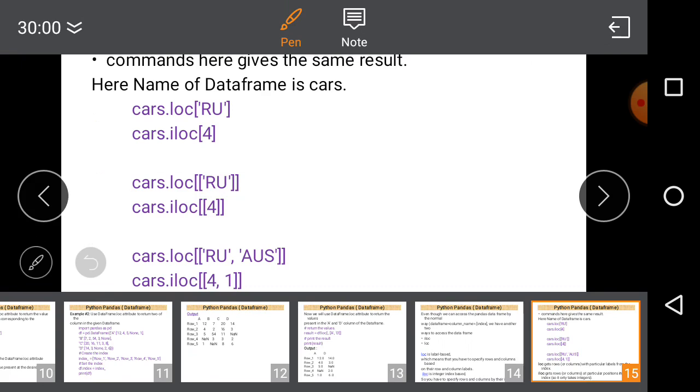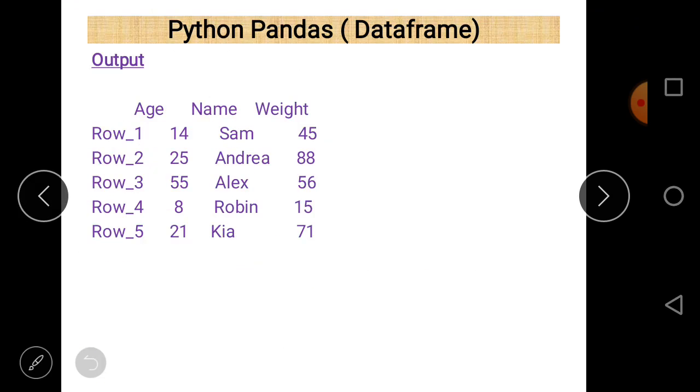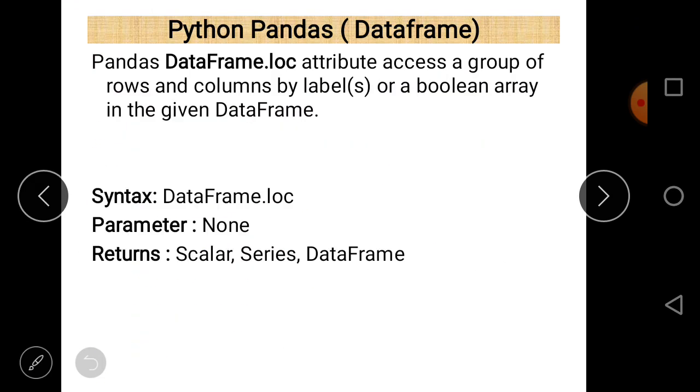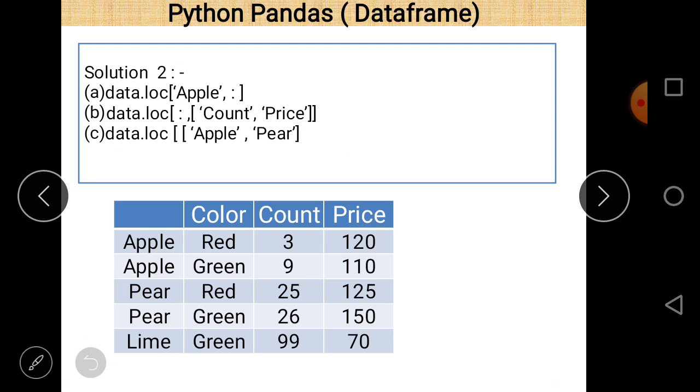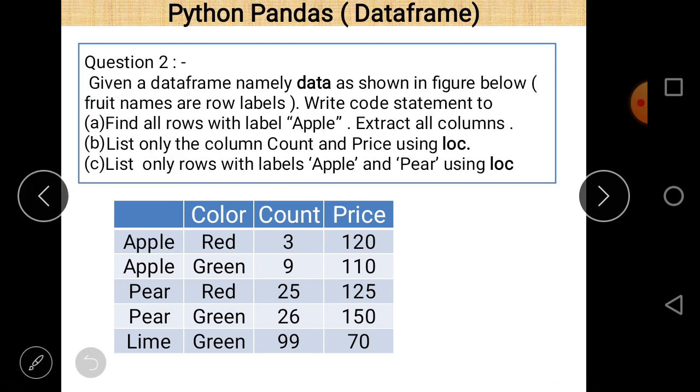Now, a question based on the LOC attribute. There is question number 2. Given a data frame, namely data, as shown in the figure below, fruit names are row labels.